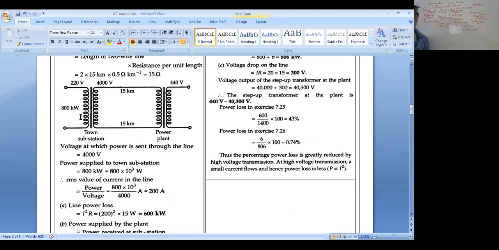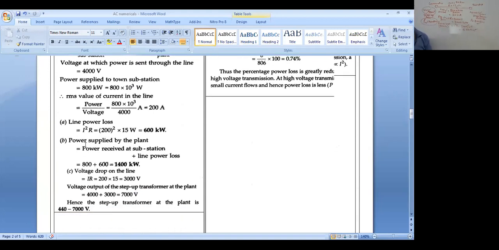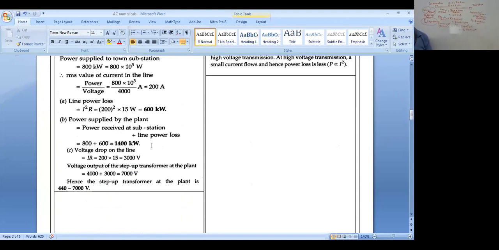The power plant to this, we have to see the line loss, and line loss should be minimum as far as possible. So line current here is this, loss is this, so we have to supply the power by the plant at the generating station, that is 1400 kilowatt, and step up transformer is 440 divided by 7000. So this is the step up transformer.